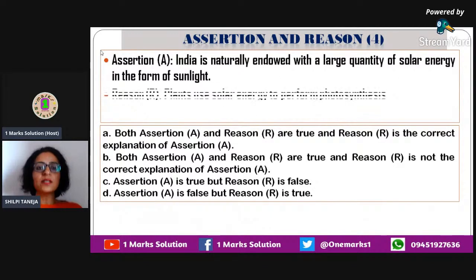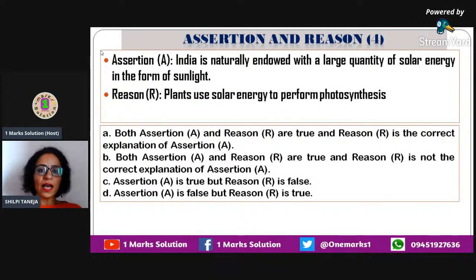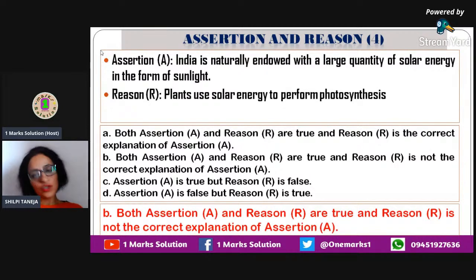Next question says India is naturally endowed with a large quantity of solar energy in the form of sunlight, which is true. We get a sufficient amount of sunlight so that we can use enough solar energy, right? Reason says plants use solar energy to perform photosynthesis, which is again true.